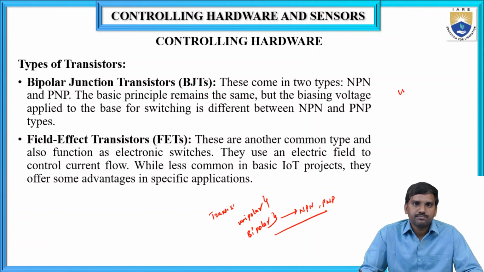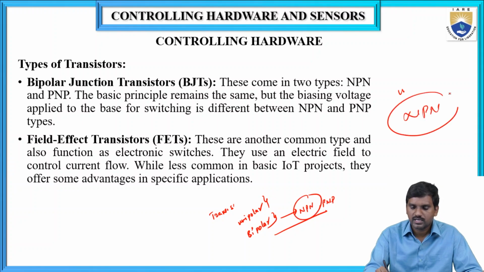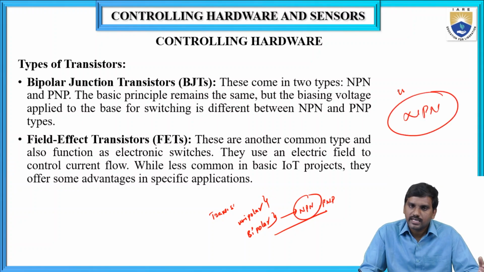The function is the same, but based on the application we may use only NPN transistor. Why? Because when designing any electronic circuit, we mostly prefer NPN transistor as compared with PNP transistor. There are three main differences between these, and why we use NPN transistor we'll discuss later.